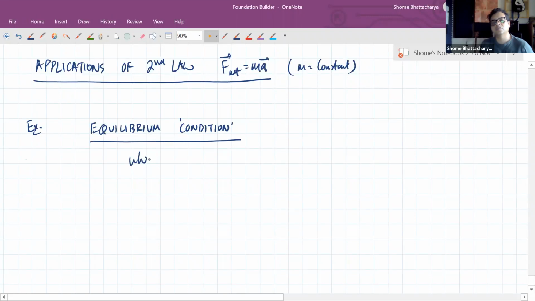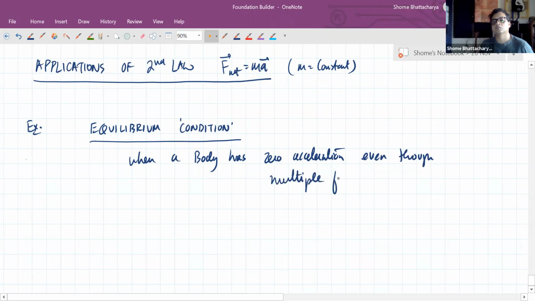That is when a body has zero acceleration, even though multiple forces are acting on it. Okay.